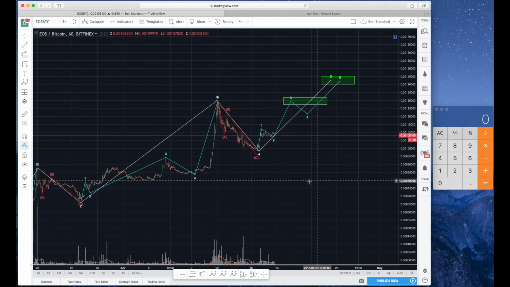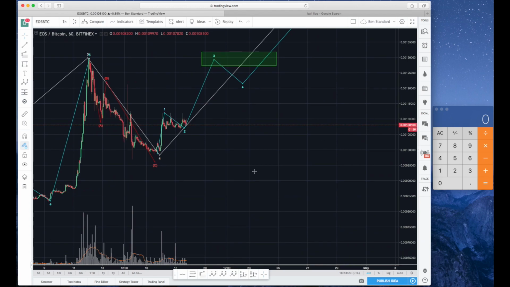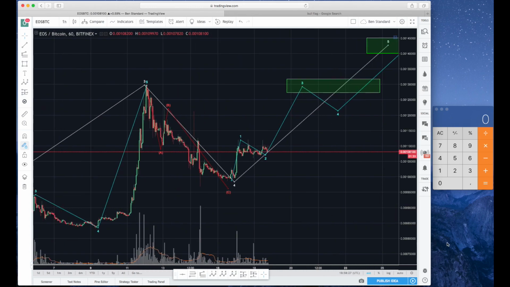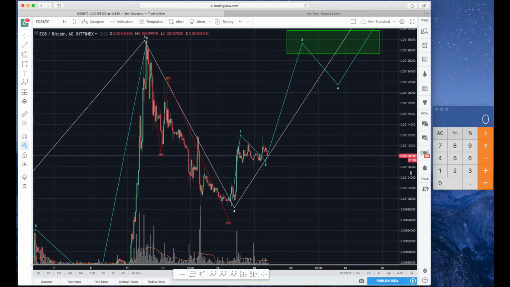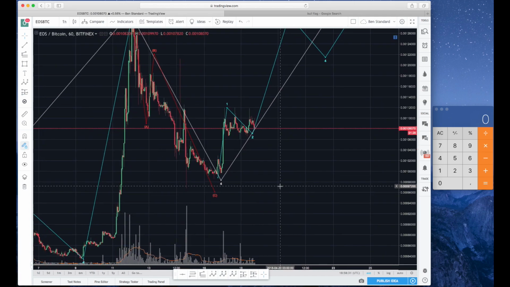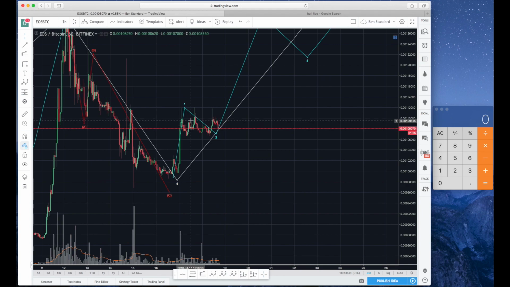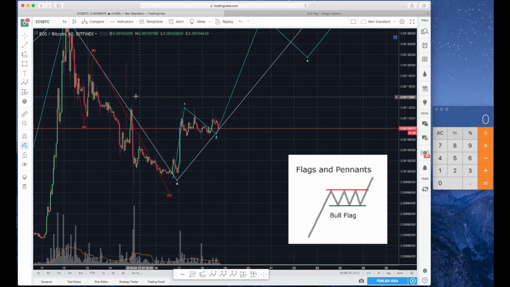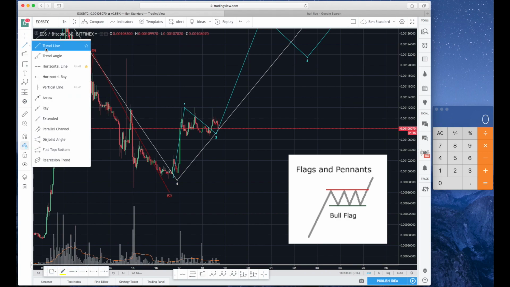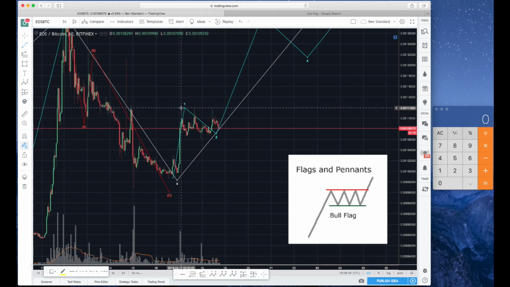So what I saw was that this pattern right here is looking like a bull flag or like a pennant, and it could even form an ascending triangle as well, because we see two bottoms here that form a diagonal line.